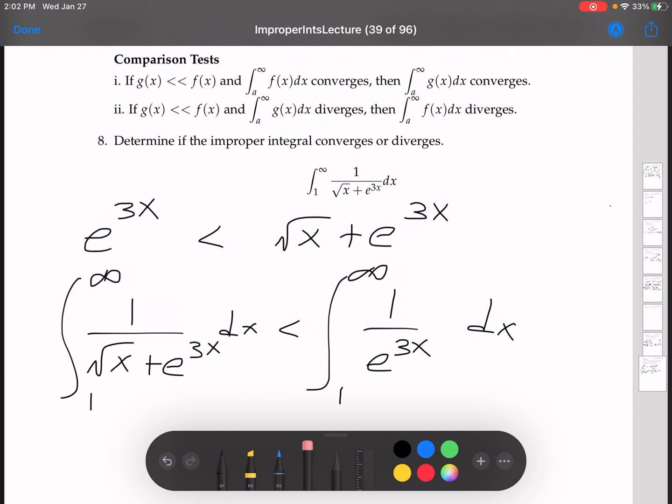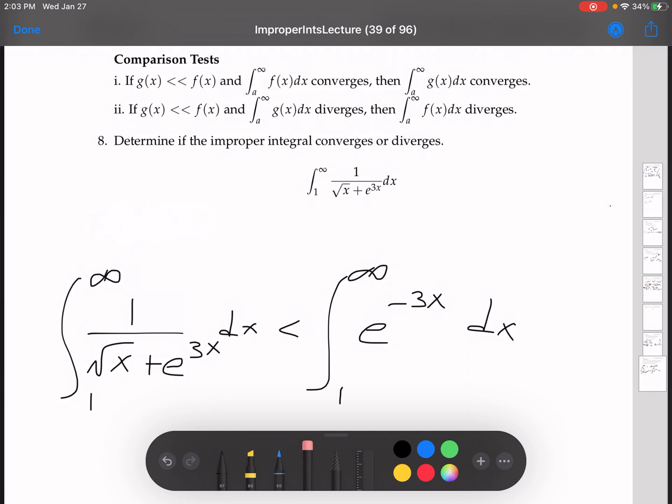So let's see. We could write this as e to the negative 3x. So this thing is the integral from 1 to infinity of e to the negative 3x dx.